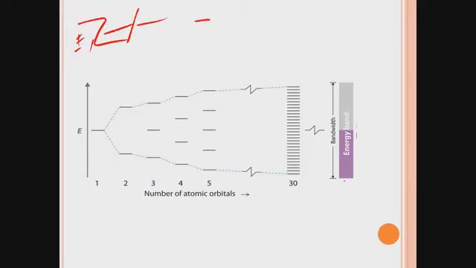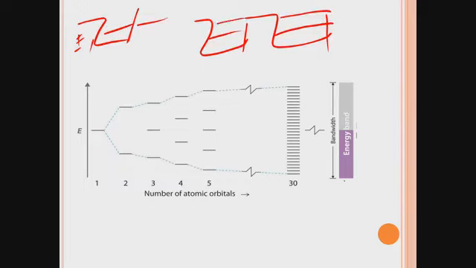But if the number of wells is 2, in that case we will get two solutions, E1 and E2, which is represented over here.